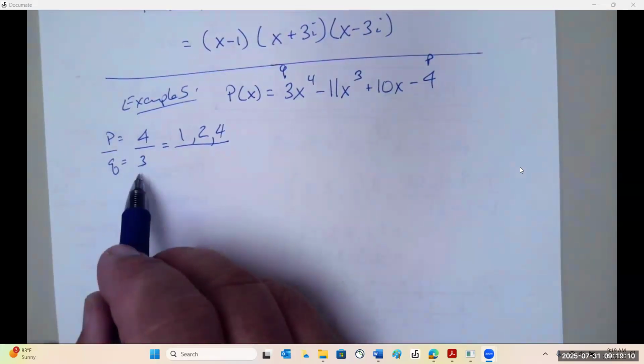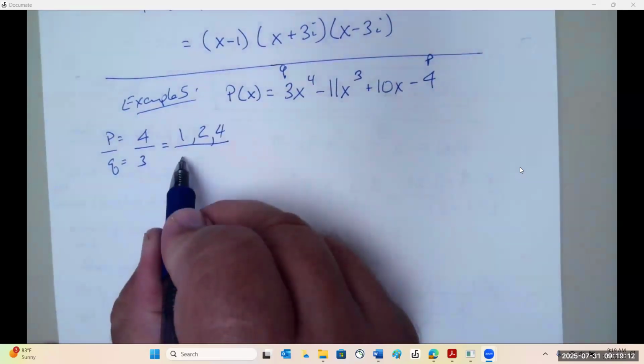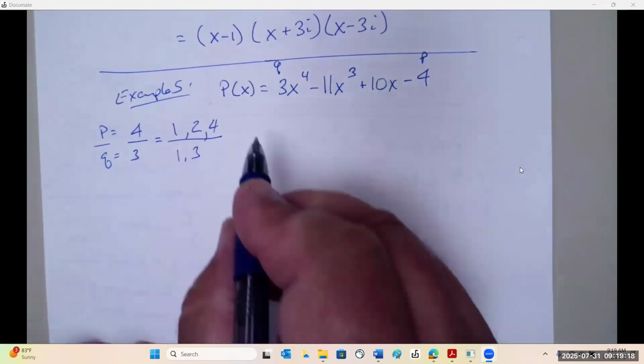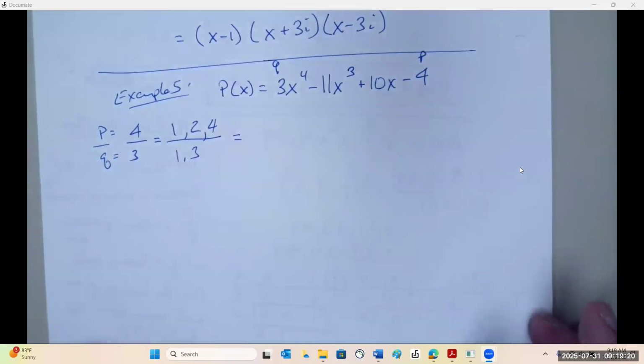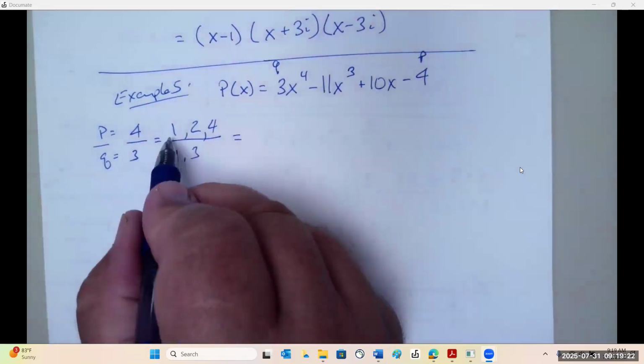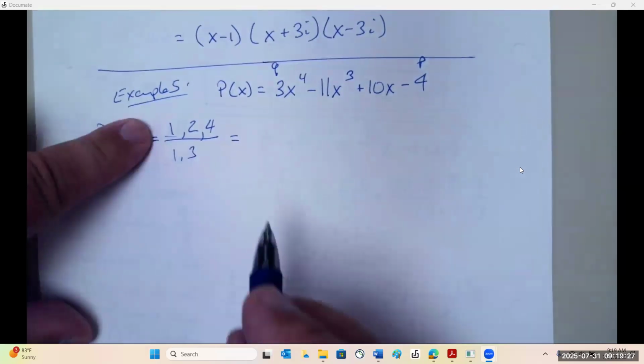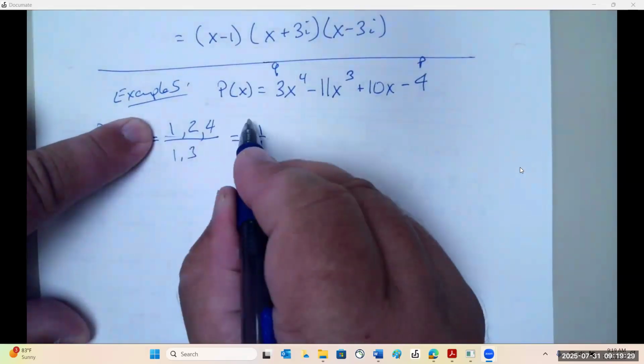How about 3? 1 and 3. Very good. So now what we do is we take all the numbers on the top and divide it by each one on the bottom. So we have first one, 1 over 1. It's plus or minus.